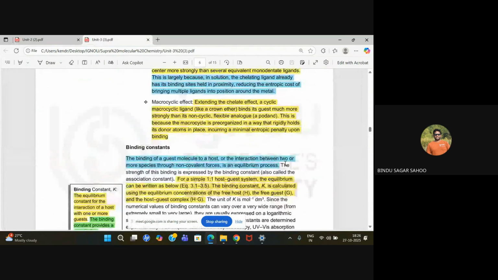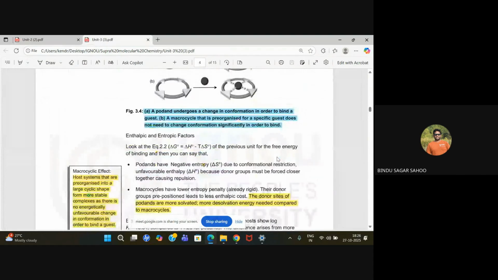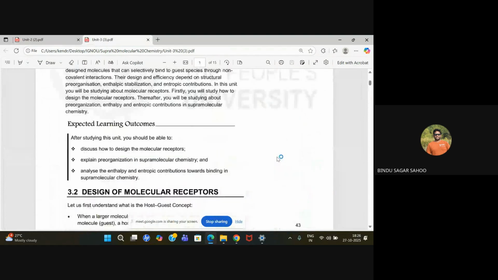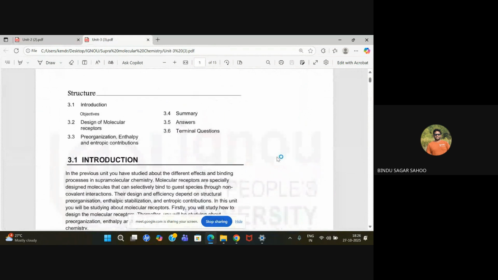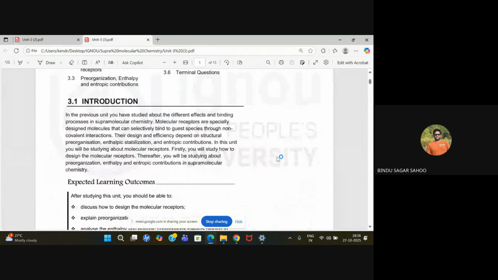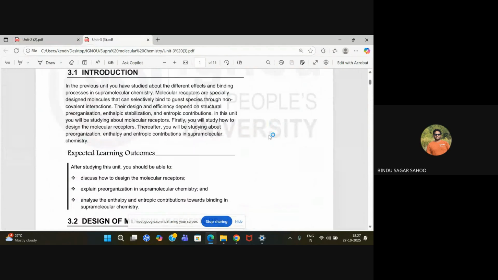Next we'll discuss the pre-organization methods, or the molecular receptors. Molecular receptors are specially designed molecules that can selectively bind to specific guest molecules through non-covalent interactions. The molecular receptors are nothing but host molecules.